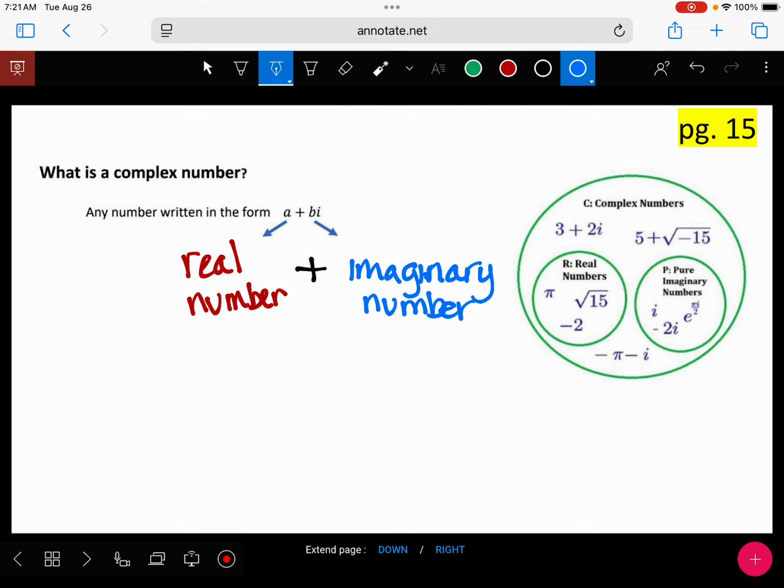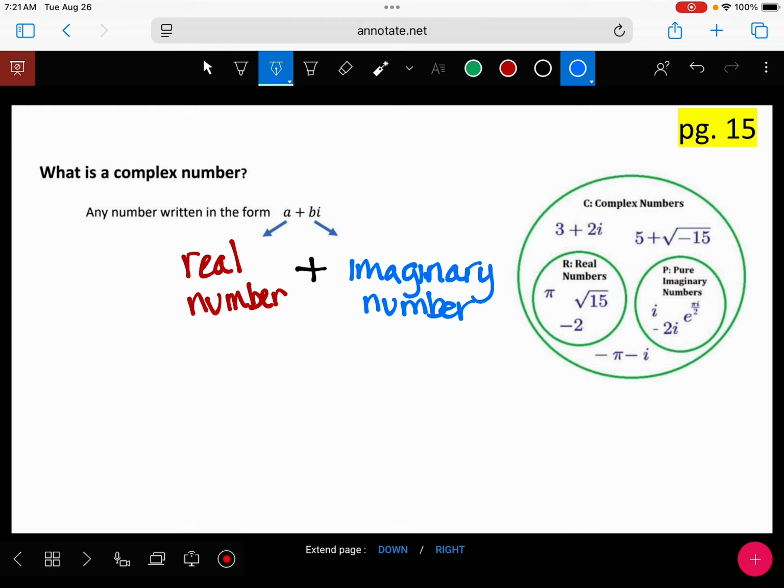So when we do our operations with a complex number, that's simply when you have a real number, which is a number that doesn't have an i, and an imaginary number.